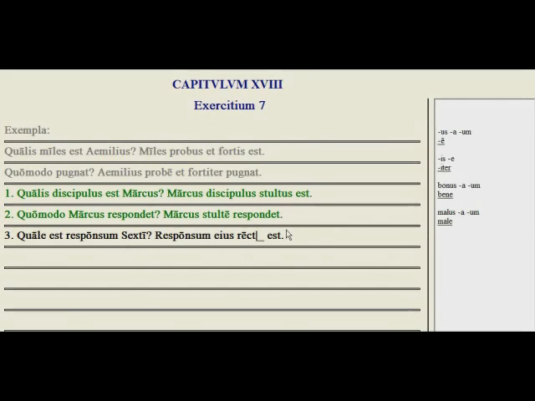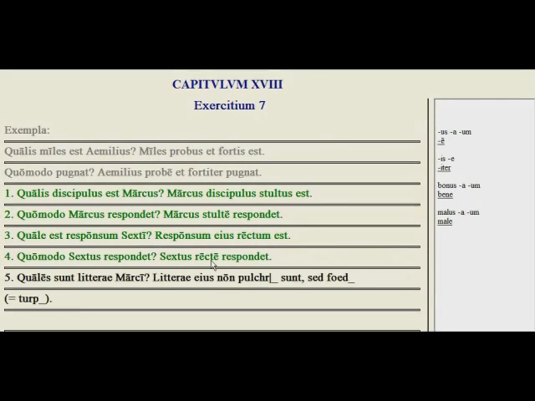The response of Sextus is correct. We need to match it with responsum, so it's rectum. And how does Sextus respond? Sextus responds recte. Okay, so when you do get to the adverbs that end in iter, they'll come from the third declension. So pay attention as you go through the rest of exercise 7.